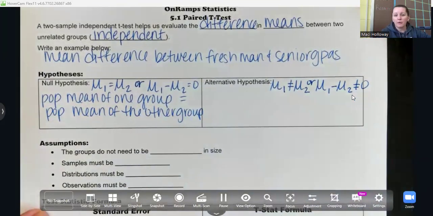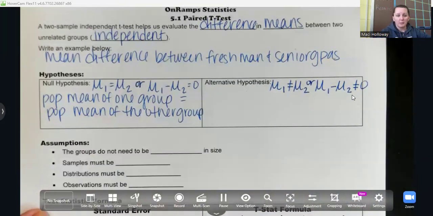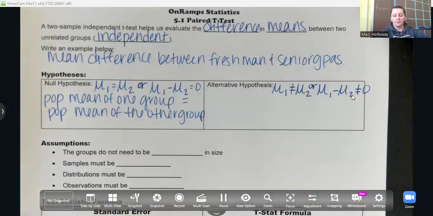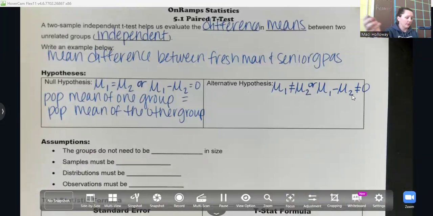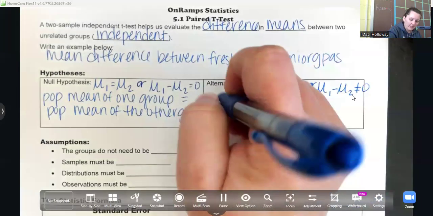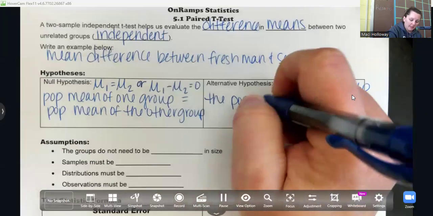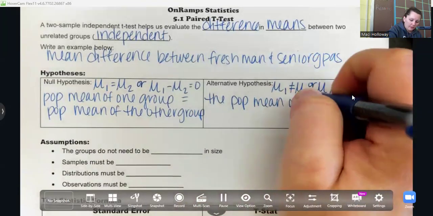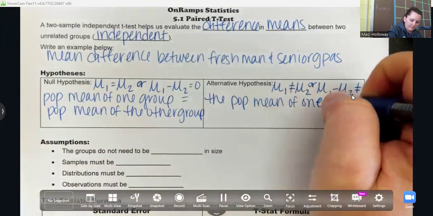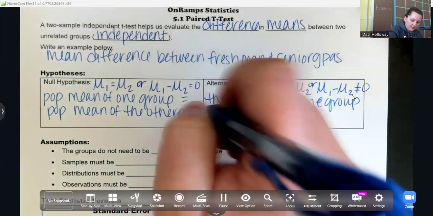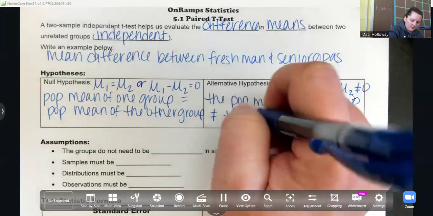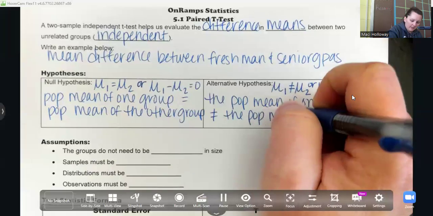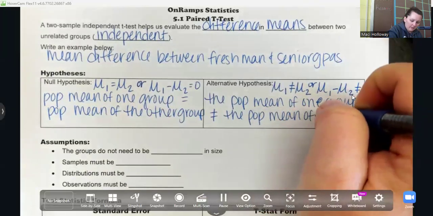You can write this either way; we would be finding the same thing when we're conducting our t-test. So the population mean of one group does not equal the population mean of the other group.